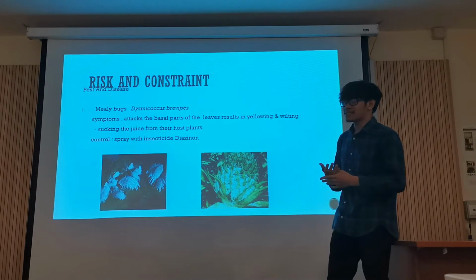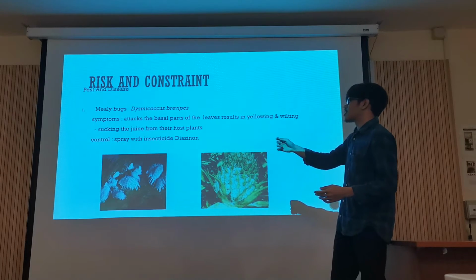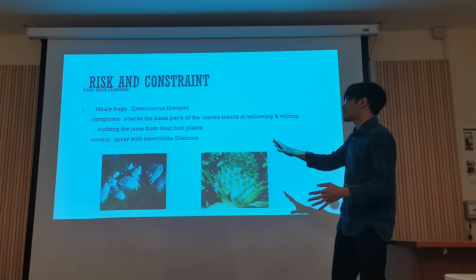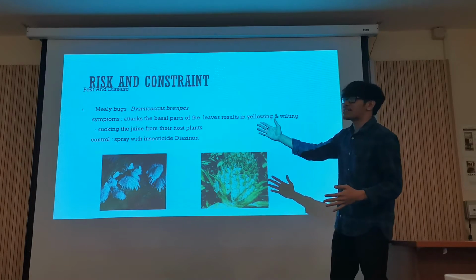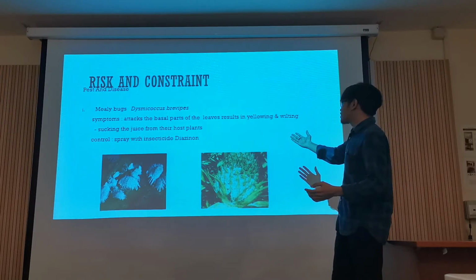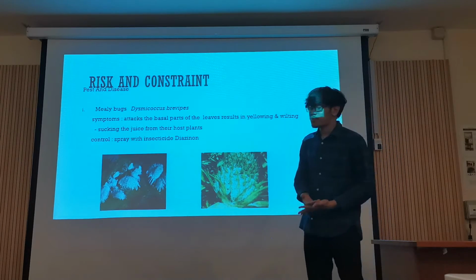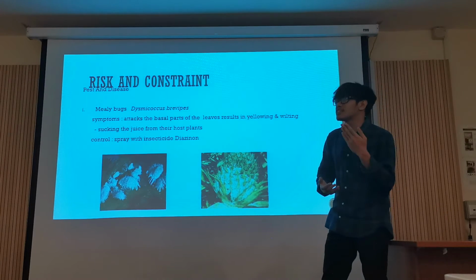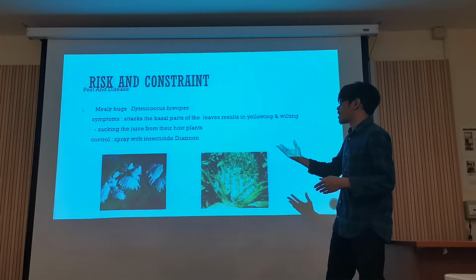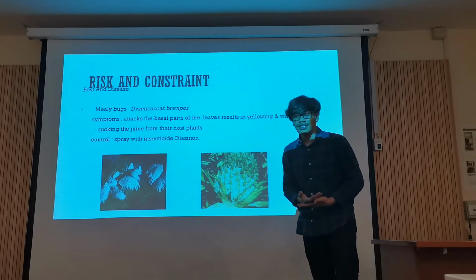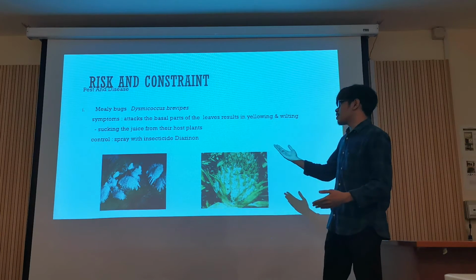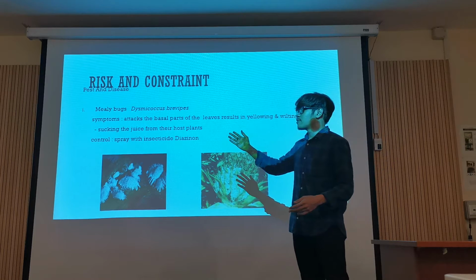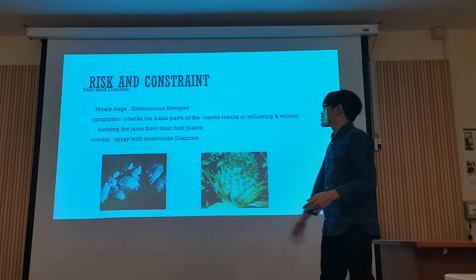The pest that has become a favorite in pineapple is mealybugs. The symptom of the effect of the mealybugs is that it attacks the basal part of the leaves, and this will result in yellowing and wilting because it is sucking the juice from the host plant. And how to control these mealybugs is by spraying insecticide using diazinon.